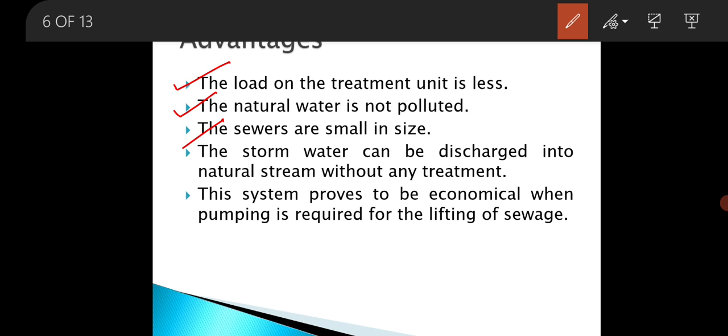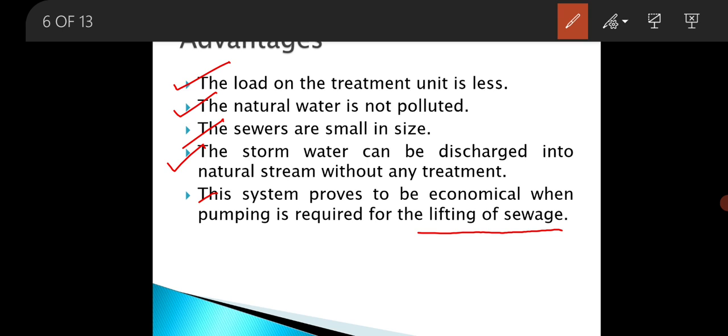Third one is the sewers in this system are small in size. Then the storm water can be discharged into natural stream without any treatment. And this system proves to be economical when pumping is required for lifting of sewage.